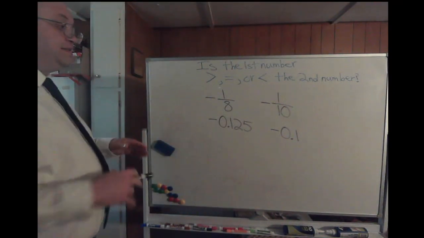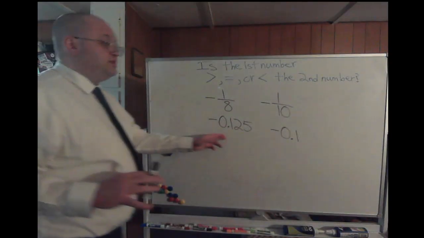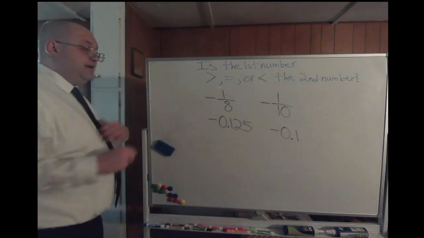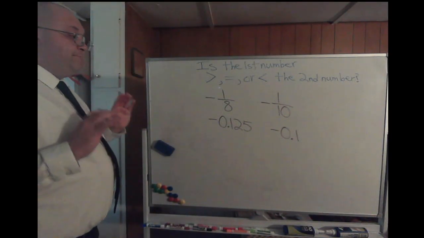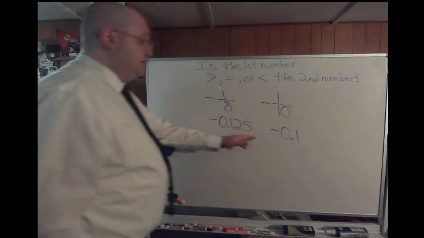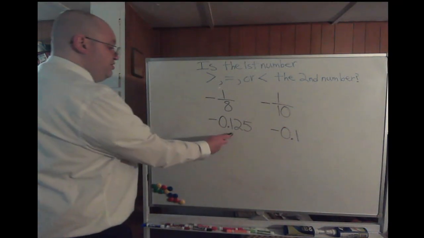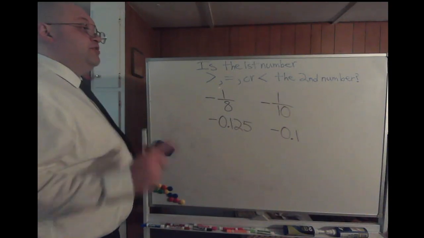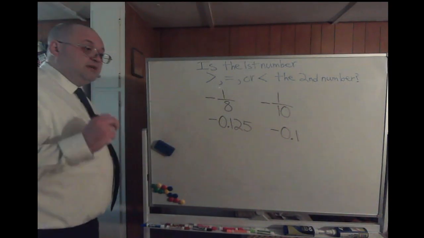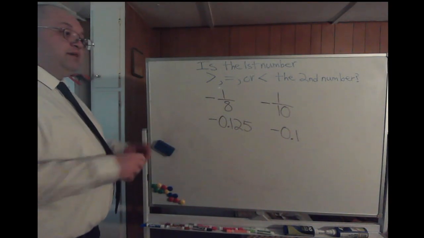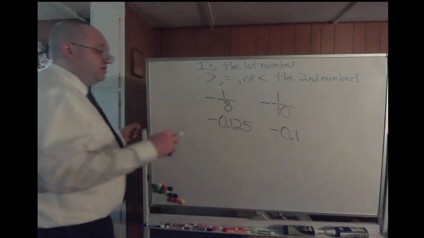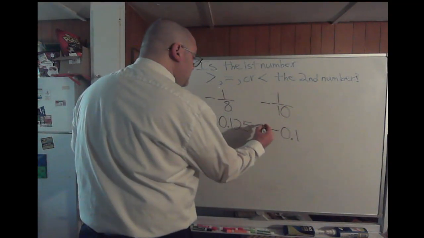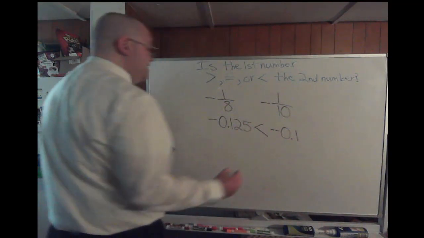Now, it's important to remember we're working with negative numbers here. They're both negative. If these were positive, for sure the 0.125 would be greater. But remember, when you have both numbers being negative, the bigger number is actually less than the smaller number. It works in reverse with negative numbers.